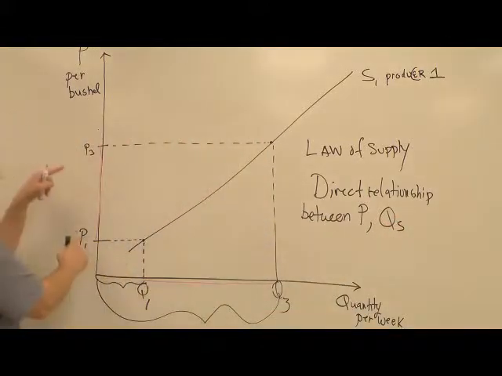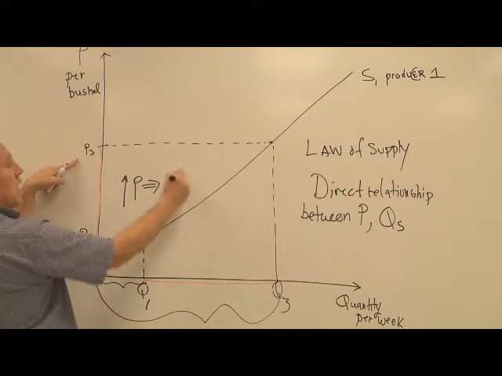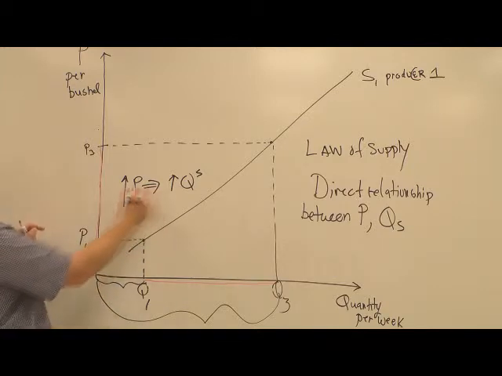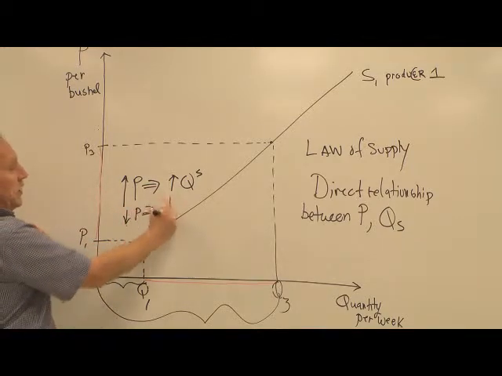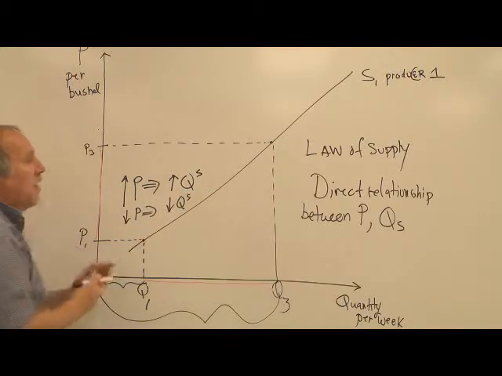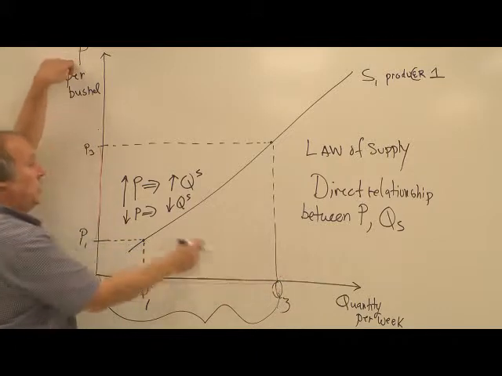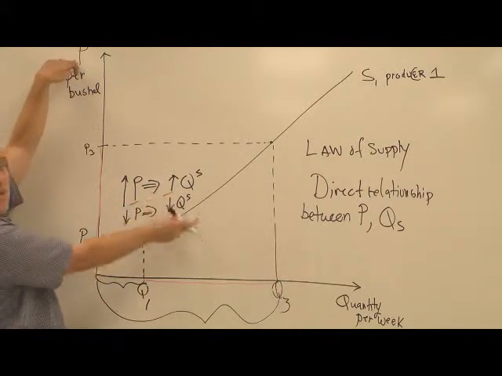In other words, as the price goes up, from P1 to P3, an increase in price leads to an increase in quantity supplied. If the price were to go down, it would work alternatively. A decrease in price will lead to a decrease in quantity supplied. So there's a direct relationship between these two variables, price and quantity supplied. One goes up, the other goes up. If one goes down, the other one goes down.